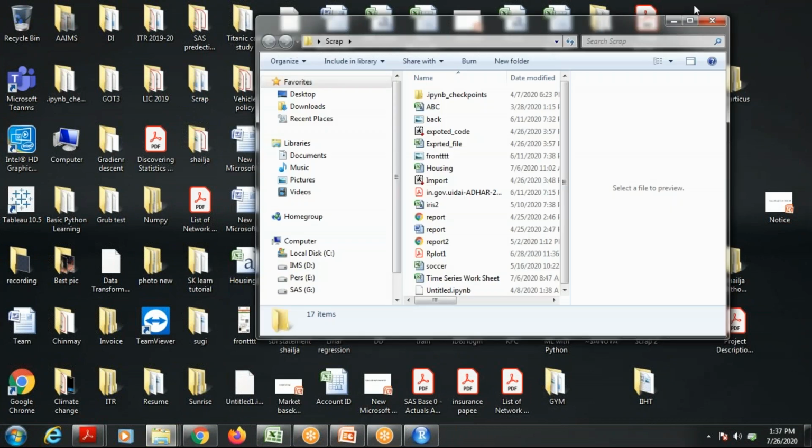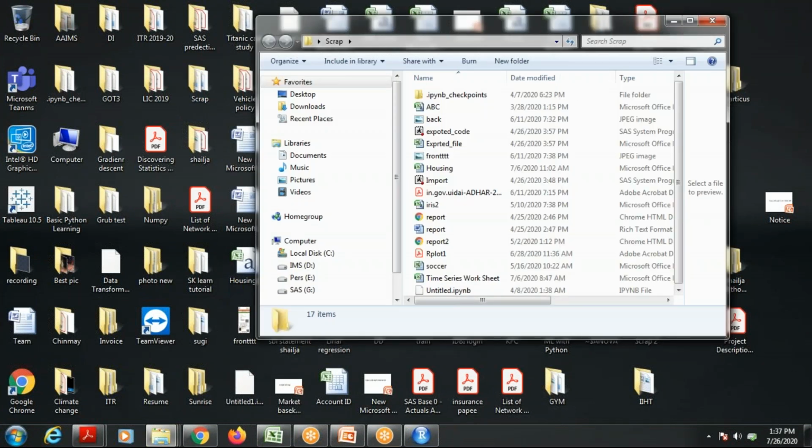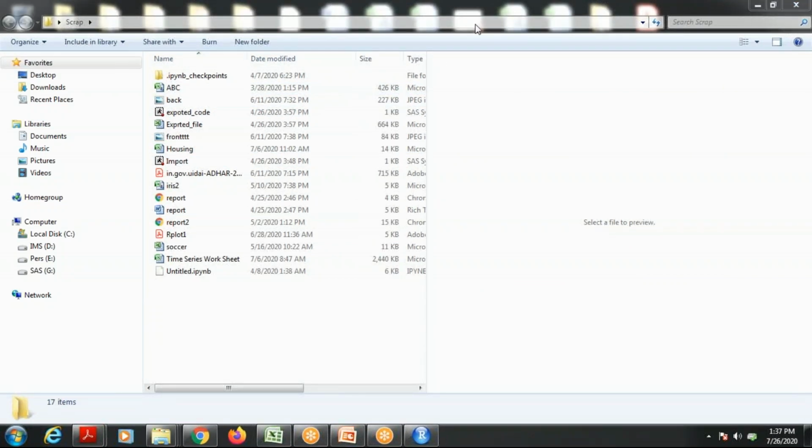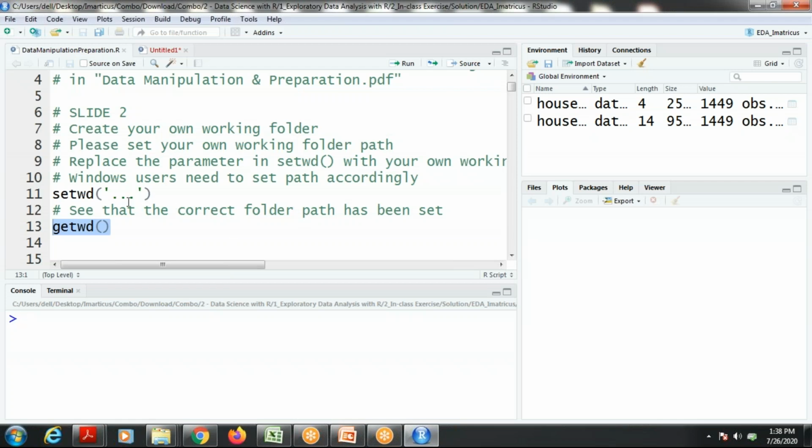I want to change my working directory to this scrap folder. So I need to copy the path of this place. I go to the address bar and copy it, and in order to change the path, I need to write setwd, set working directory, and pass the new path where I want to set it.